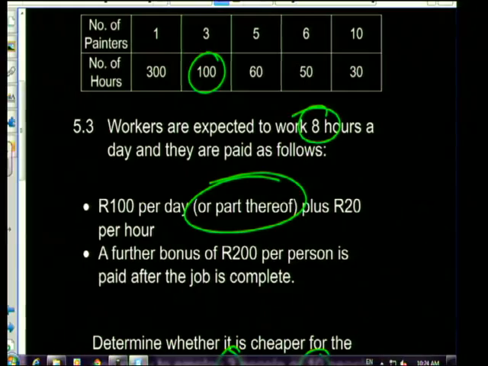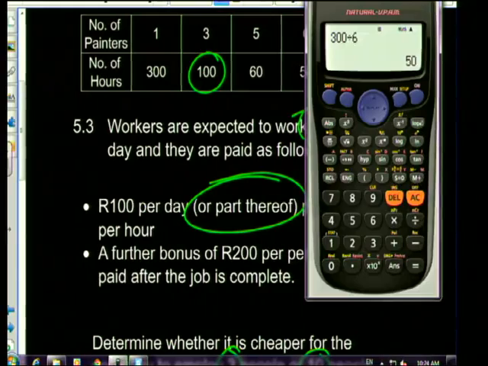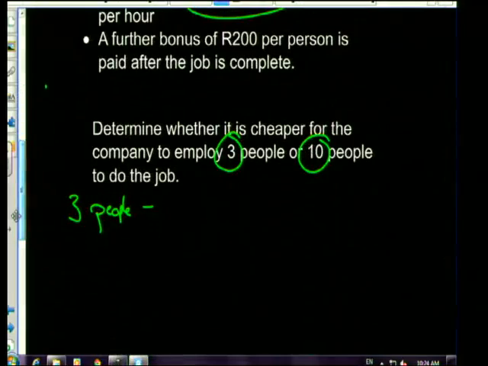So let's take out our calculator, and let's say 100 hours divided by 8 is going to give us 12.5 days. So we know we're going to need 12.5 days.